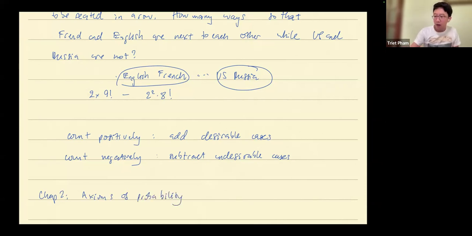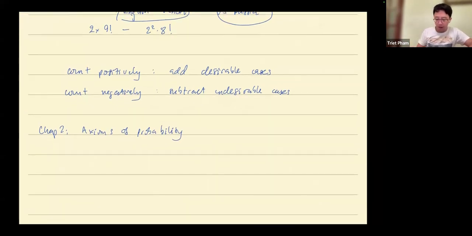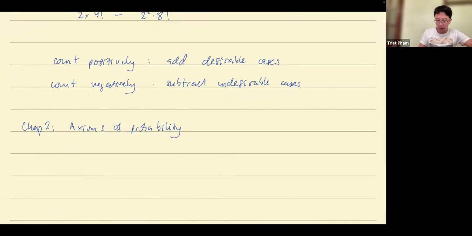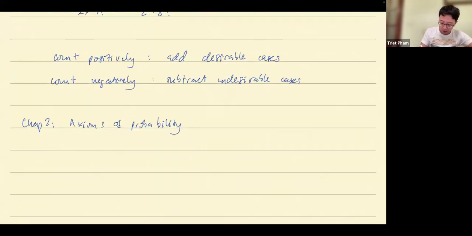And so I mentioned last time that probability is basically a way to assign likelihood to events, let's say consistently or logically.